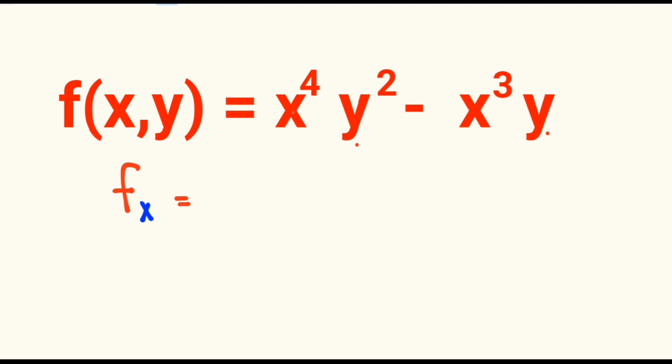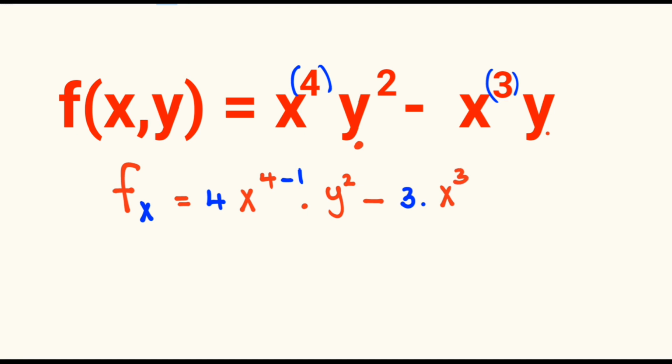So the derivative of x raised to the power 4 will be equal to the 4 from the exponent of the x multiplied by x raised to the power 4, and since we are differentiating with respect to x, we minus 1 from the exponent of the x, and we multiply this by that y squared, minus the derivative of x raised to the power 3, which will be equal to the exponent of the x, the 3, we multiply it with x raised to the power 3, and since we are differentiating with respect to x, we are going to minus 1 from the exponent of the x, and we multiply this by that y.